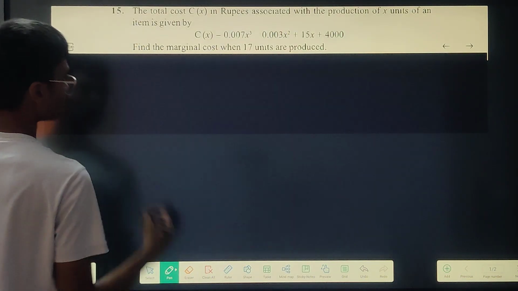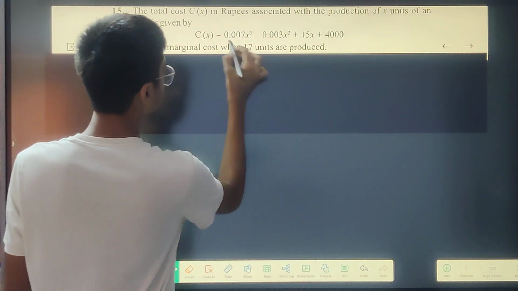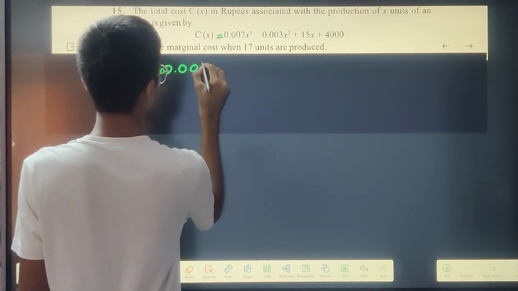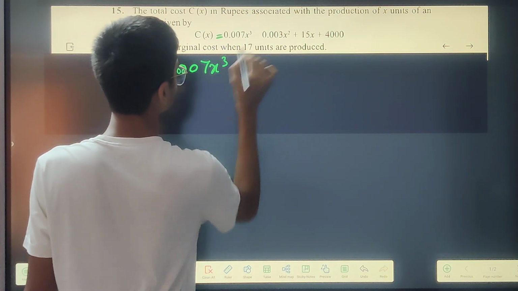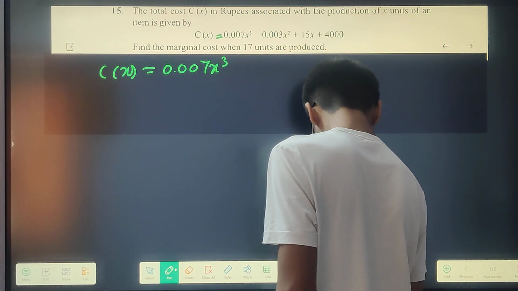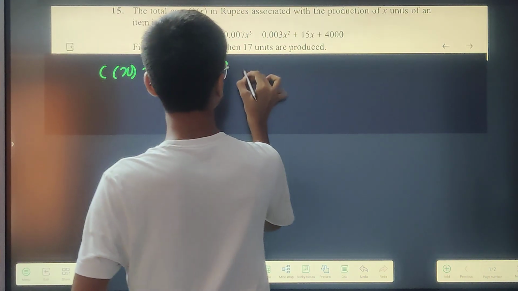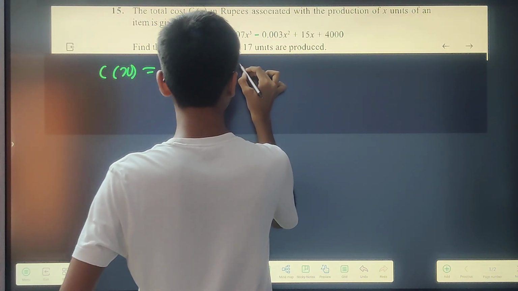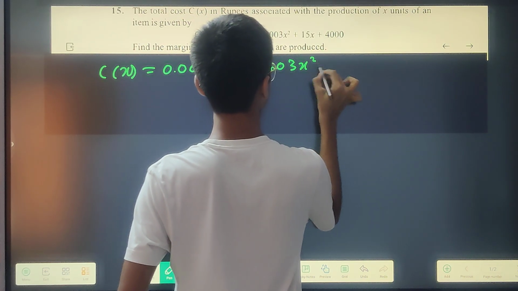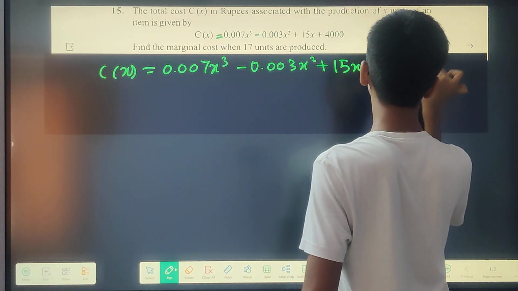So C of x is equal to 0.007 x cube minus 0.003 x square plus 15x plus 4000.